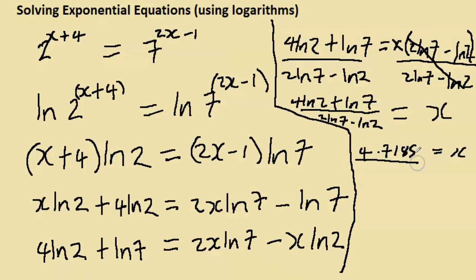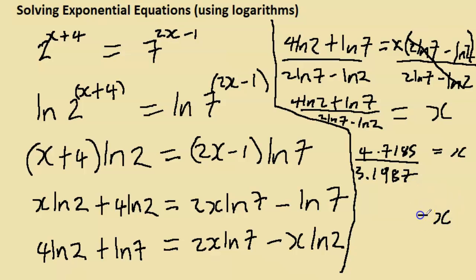Denominator, let's do the calculation here. 2 ln 7 minus ln 2. So the denominator there is 3.1987 if I use 4 decimal places.